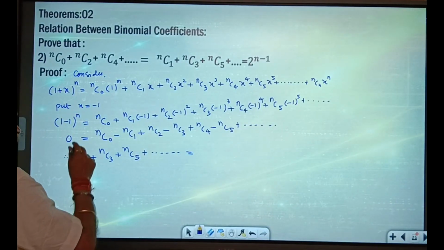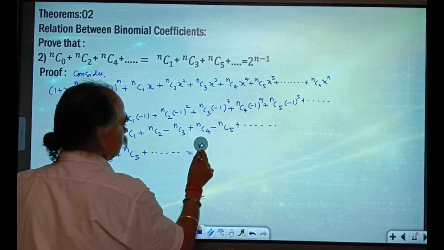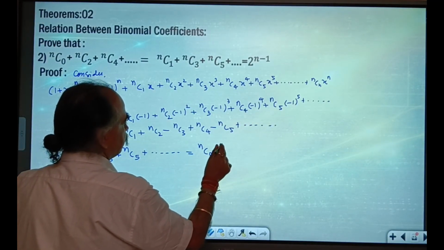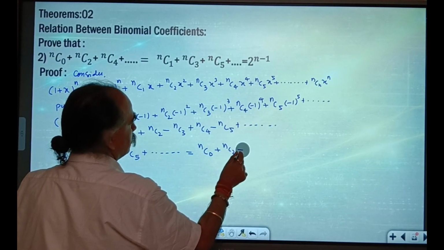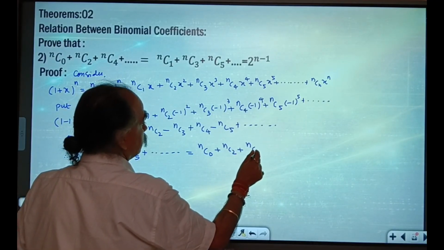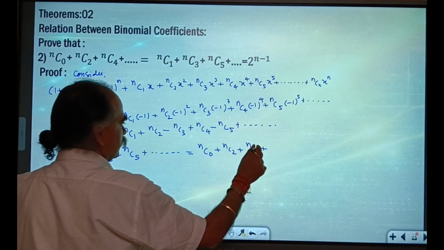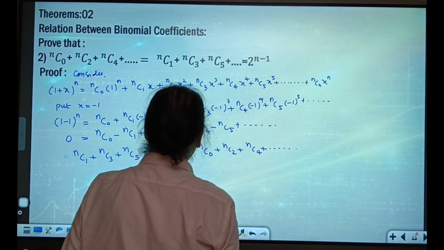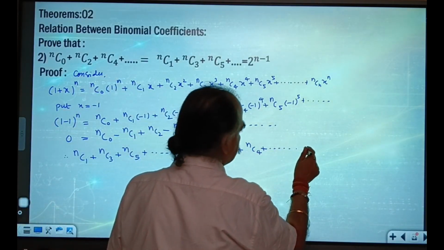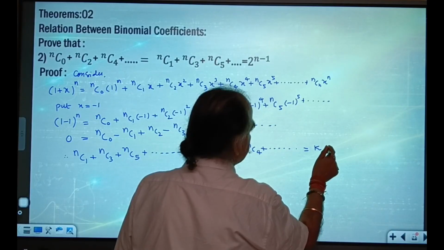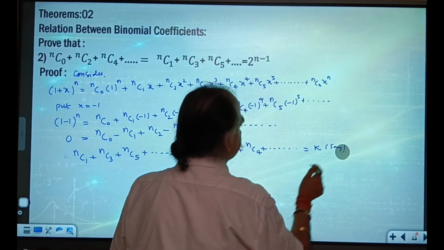And what is left on that side? All even terms: nC0 plus nC2 plus nC4, nC6 and so on. Both are equal and we will take them equal to K, say.